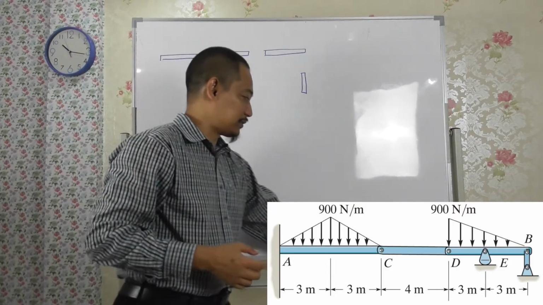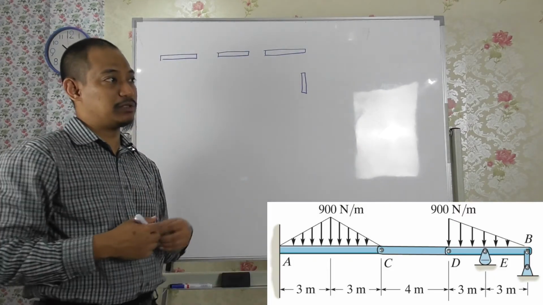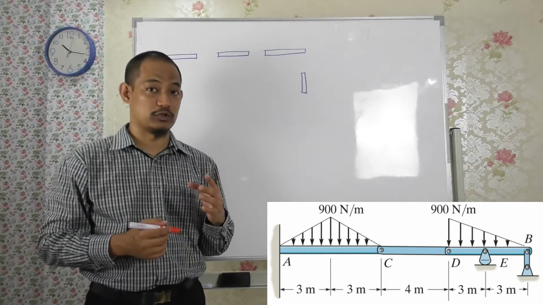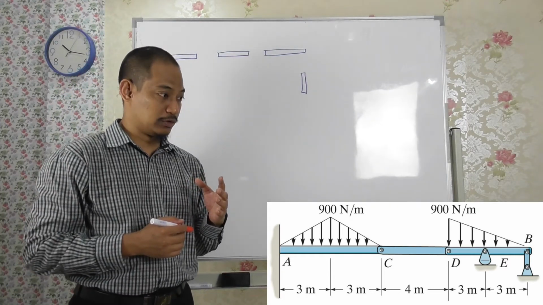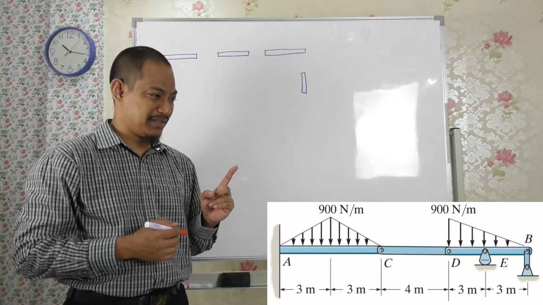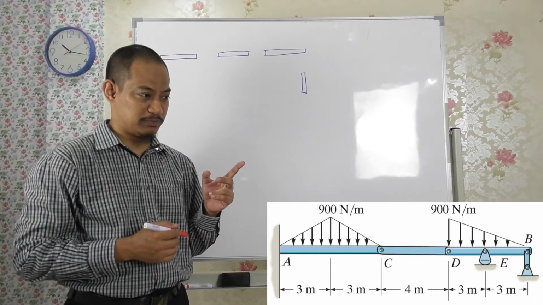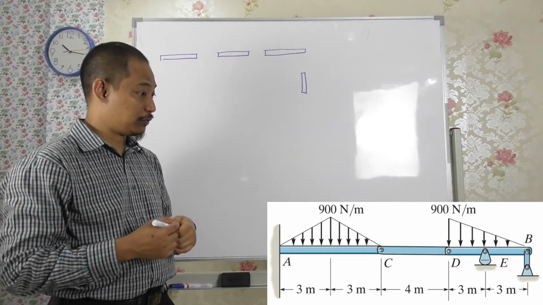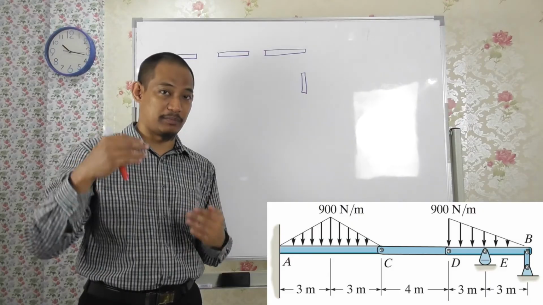So what are the forces? When you want to draw the forces, what you need to check first is whether there is any 2 force member, right? So can you identify any 2 force member? One that straight away is the vertical, this one, right? This is a 2 force member. When it is a 2 force member, it's either in compression or tension, right?